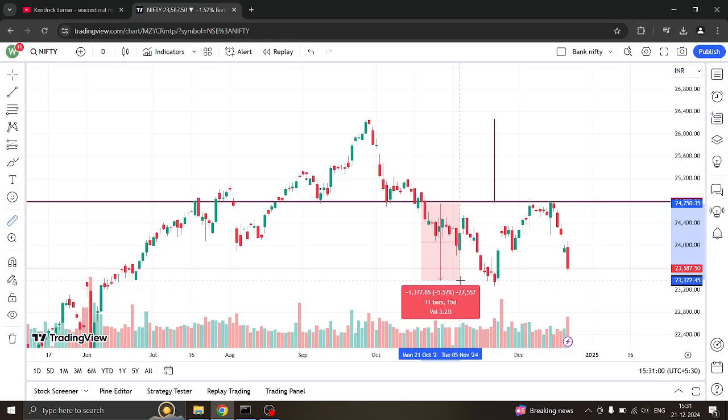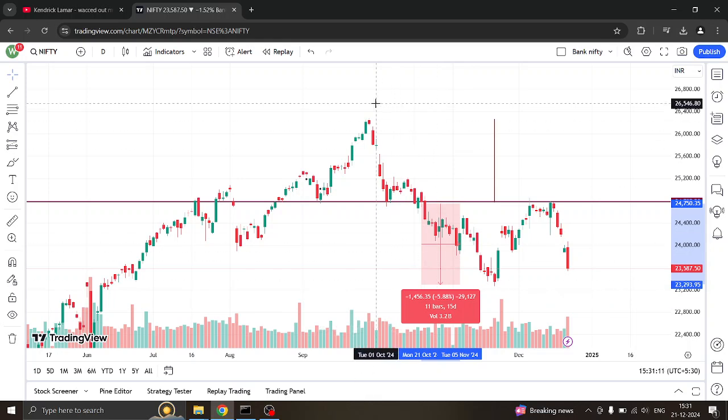As you can see, Nifty fell around 1460 points, and the head and shoulders pattern says that once the neckline has been broken, the price will either go up or go down. In our case, Nifty went down, and by how many points? 1460 points here. Now this pattern has been completed. The target has been met.